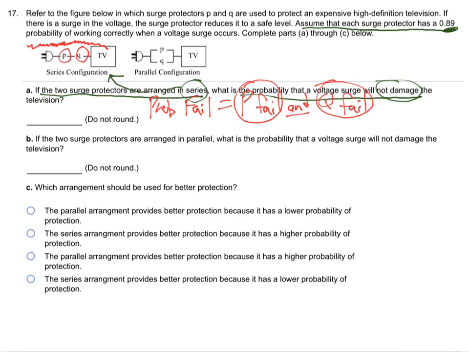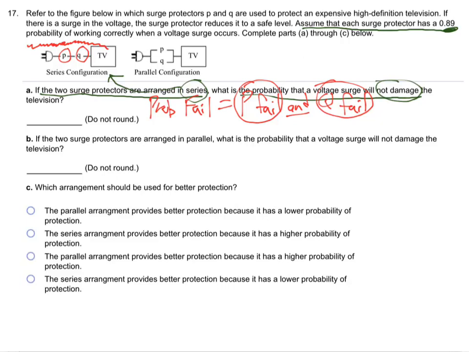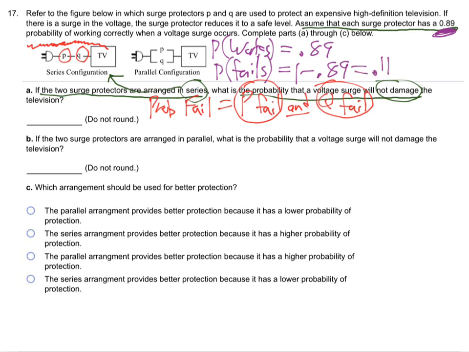What's the chance that P is going to fail? Well, it says right here, 0.89, right? The probability that it works is 0.89. So then what's the probability that it fails? Well, 1 minus, remember, because opposite is always 1 minus. That'll be 0.11.